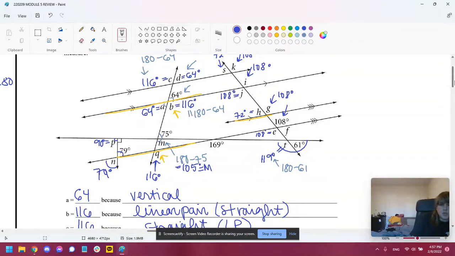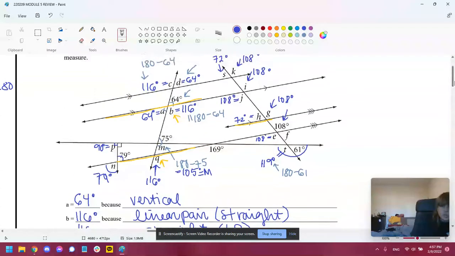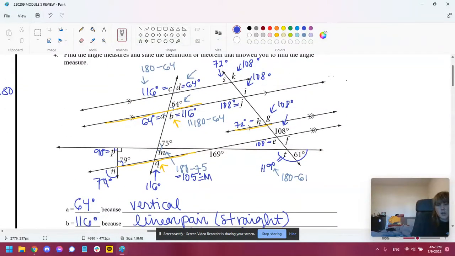So that's vertical, and F was right next to it, so that's a linear pair. G and H. Oh, G, I, and K were all corresponding because they're all in the same place as this 108. So G, I, and K.